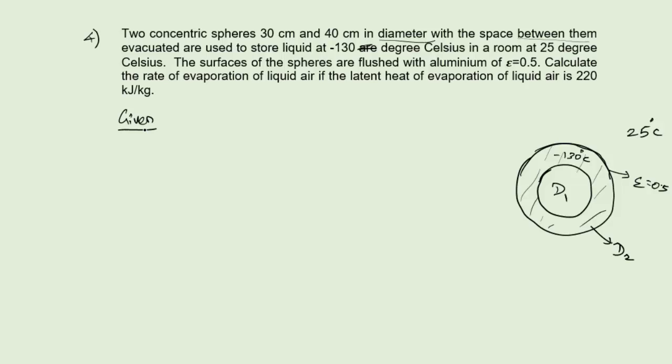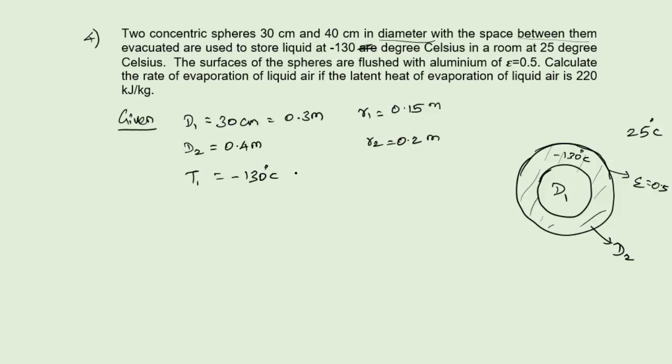So write the given data. First thing, D1 equal to 30 centimeters, which is equal to 0.3 meter. Similarly, D2 equal to 0.4 meters. So R1 equal to 0.15, R2 equal to 0.2. Then T1 is minus 130 degrees Celsius, which is equal to 143 Kelvin.